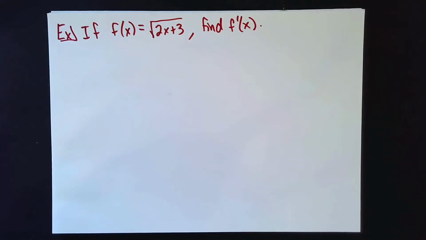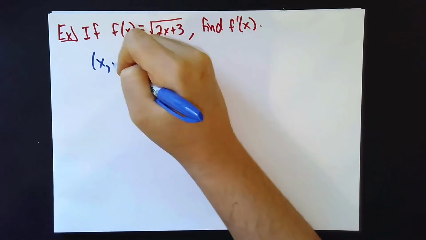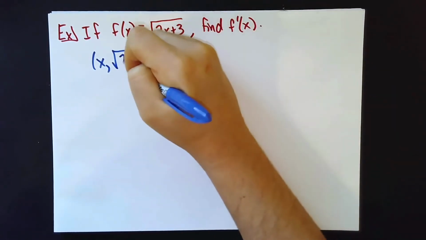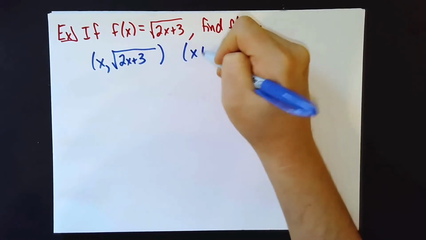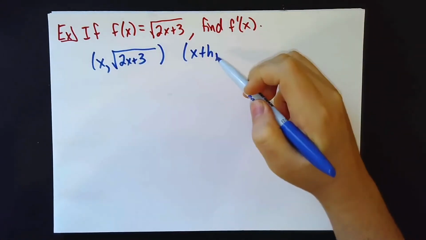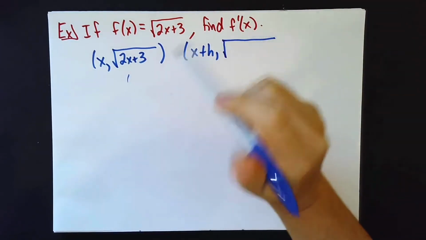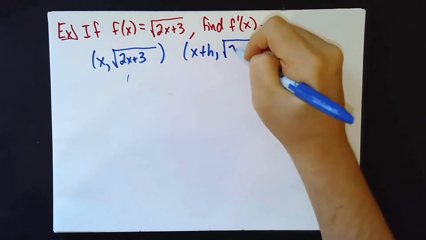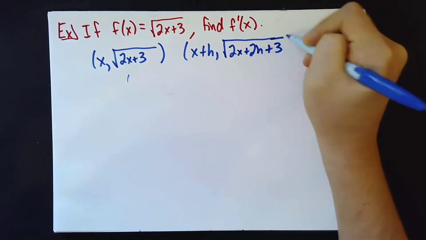Let me also do one that involves square roots. Okay, so I'll write down my points. Bump that point a little to the right, so we get x plus h, then the square root of 2 times x plus h, so that's going to be 2x plus 2h plus 3.